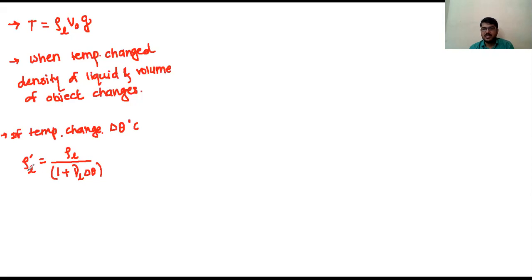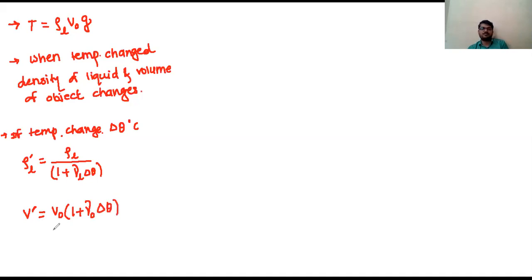Yes or not? d_t is equal to d_0 by 1 plus gamma L delta theta. Here I have assumed rho L dash after increasing temperature, and rho L is initial density of that liquid. So this formula we know. Then V dash is equal to V naught into 1 plus gamma of object into delta theta.